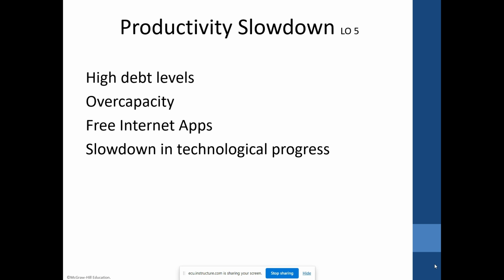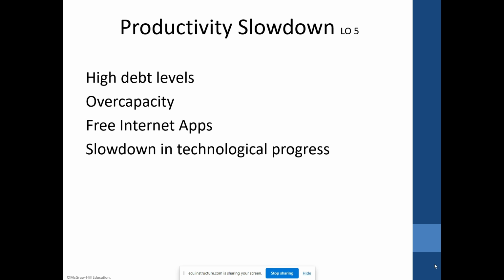Still, that alone would not explain why rates have dropped below the pre-revolution growth rates. Several explanations have been offered to explain this change. The first is that the high debt levels accumulated by individuals and firms before the Great Recession may be to blame.